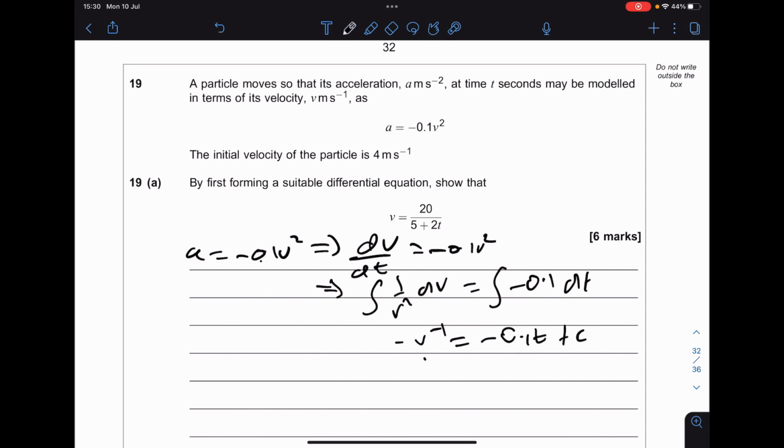So v is 1 over 0.1 t plus c. At t equals 0, you're going to get c is minus a quarter.